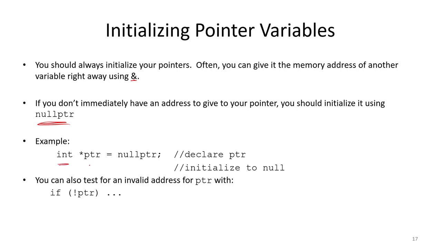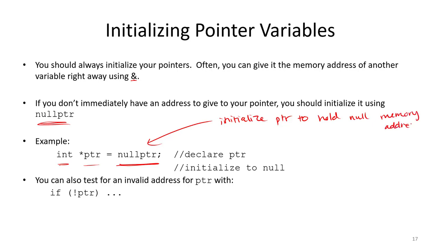For example, here we can say int star ptr equals nullptr. This will initialize ptr to hold the null memory address. So usually we just write it as nullptr, and that is basically memory address 0.